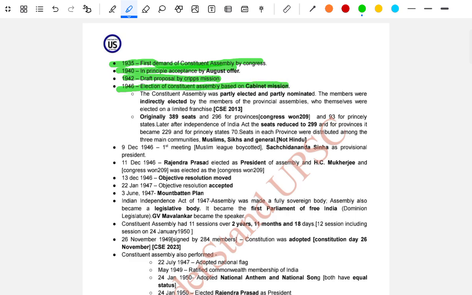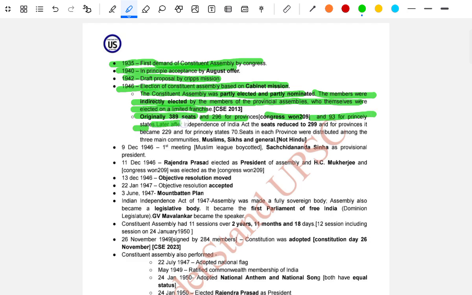The Constituent Assembly was partly elected and partly nominated. The members were indirectly elected by the members of the Provincial Assemblies, who themselves were elected on a limited franchise. Originally 389 seats, 296 for provinces. Congress won 209 and 93 were for the princely states.